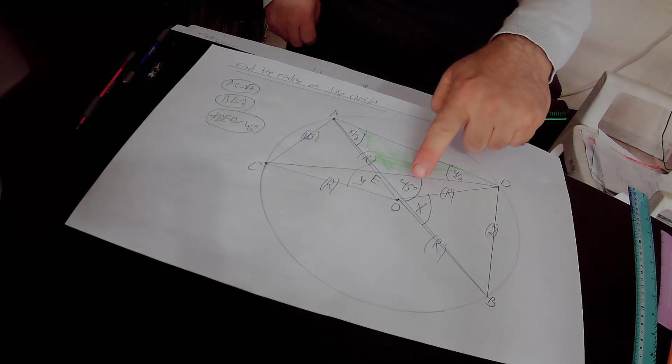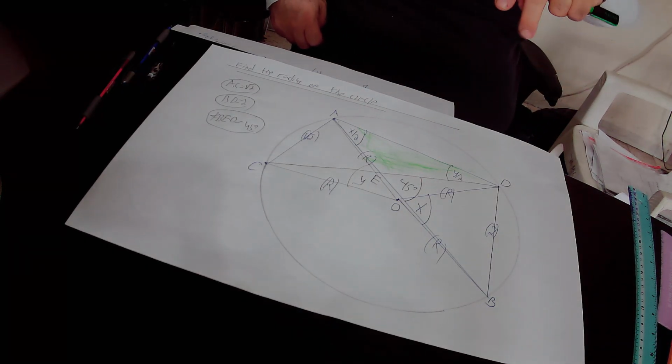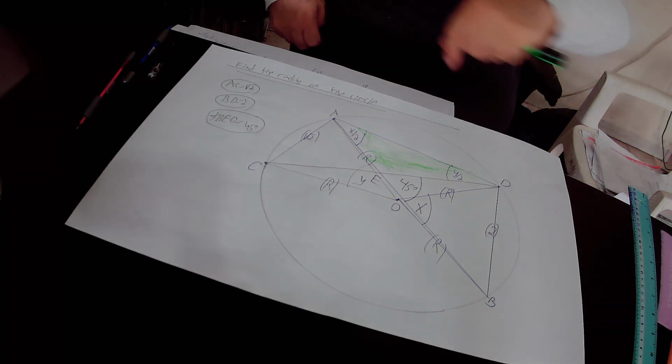And this angle 45 degrees is defined as an exterior angle of this green triangle ADE.